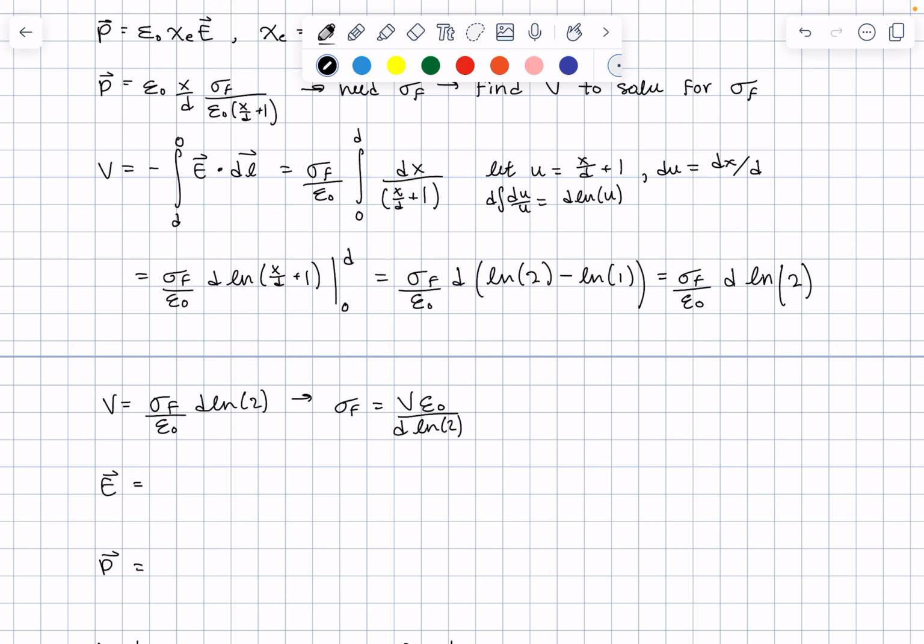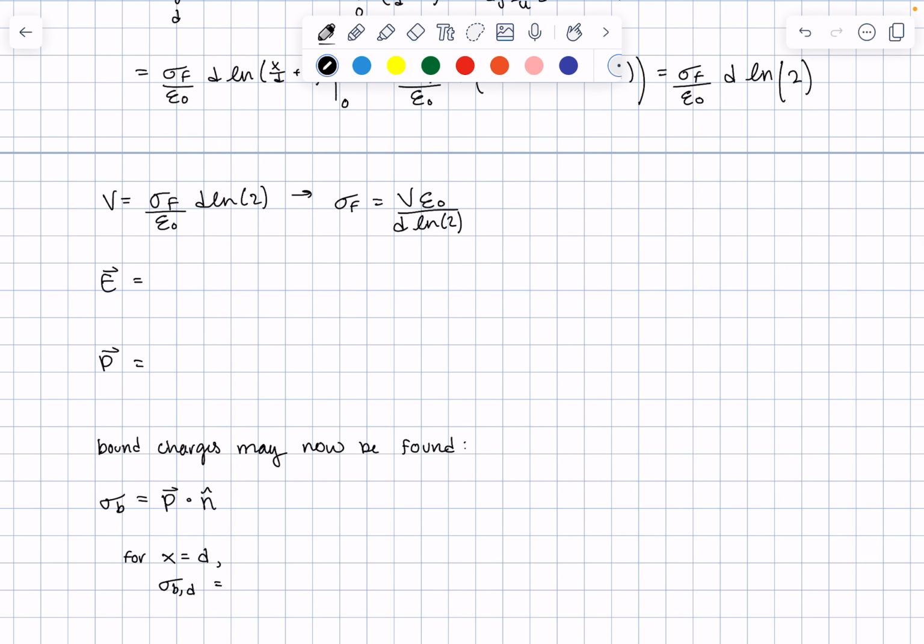And we can plug that back into our electric field to have V times epsilon naught over d ln of 2, and multiply that by 1 over epsilon naught times x over d plus 1, and this is in the x hat direction.